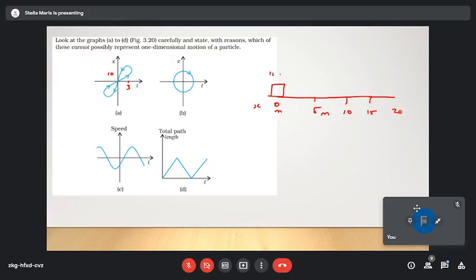At the third second, the body reached the 10-meter position. You understand? So let's say it started here. This is the origin. So the body is at 10 meters, so the body is like here. Am I right?